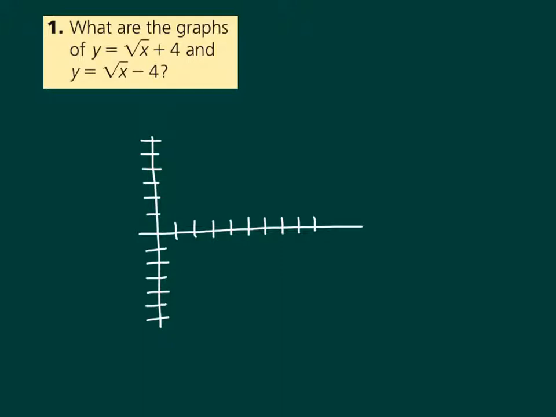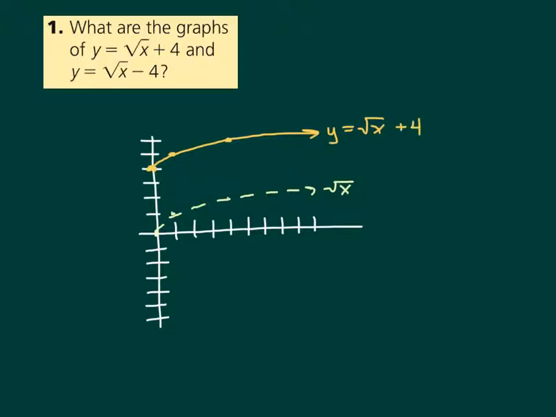Which means if we look at our parent function, which is like this, okay, that is square root x, then y equals the square root of x plus 4, you're just going to take each one of these points and move them up 4 spots. 2, 3, 4. So we are here, and we are here. So that is y equals the square root of x plus 4.